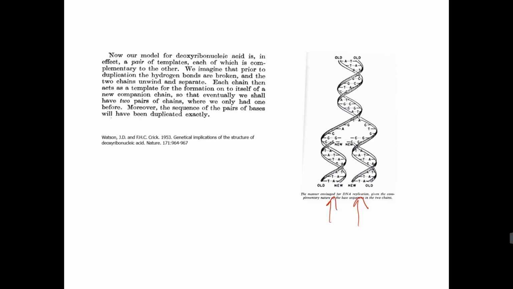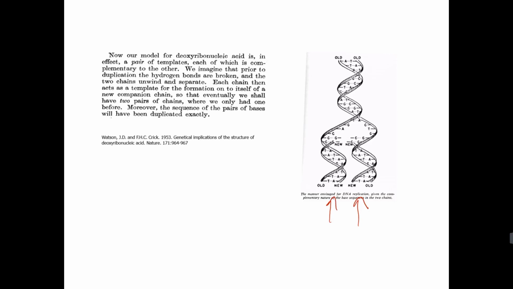For example, are these chains just going to fall apart? How do you disrupt the hydrogen bonding and the other energetically favorable stuff that keeps the two DNA chains annealed to each other? Watson and Crick pointed out that the two DNA chains are anti-parallel to each other, going in opposite directions.